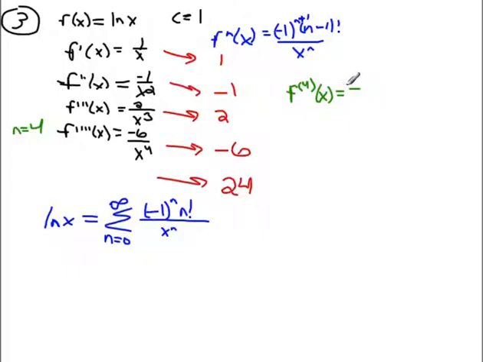Okay, so if we put 4 minus 1 factorial, that's 3 factorial. 3 factorial is 3 times 2 is 6, times 1 is 6. Okay, there we go. And then I think we're good because we'll get x to the 4th. Sweet. Okay, I'm feeling better with this guy. So let's put this to n plus 1. Let's put this to n minus 1 factorial.